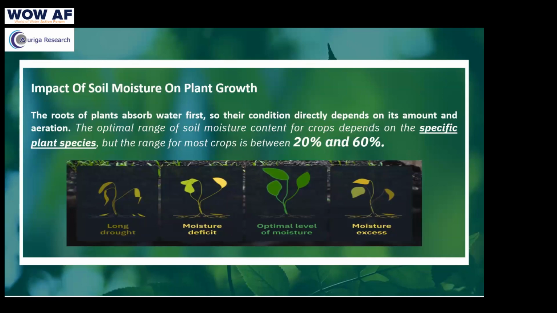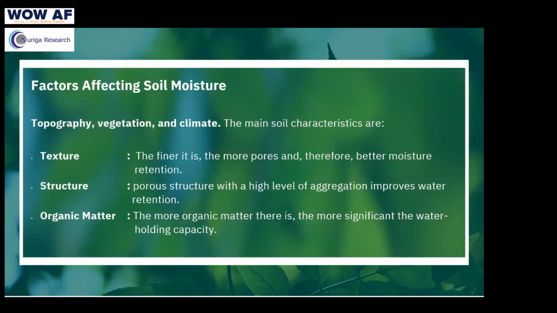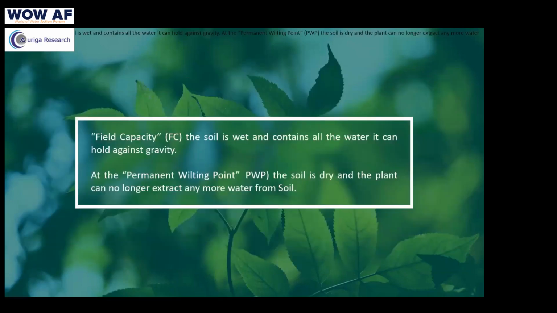So soil moisture is very important from the point of view of the soil itself, and second, from the point of view of plant growth. Having said this, there are two important factors. One is the field capacity. Field capacity of a soil is when the soil is wet and contains all the water it can.